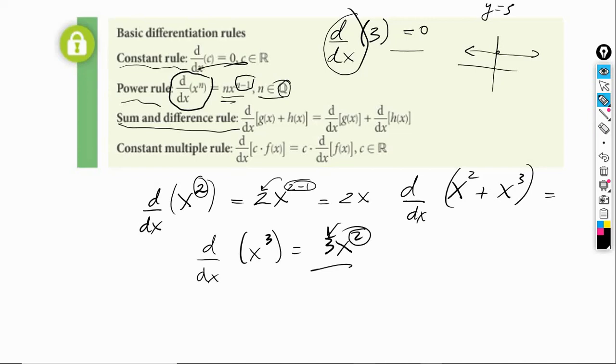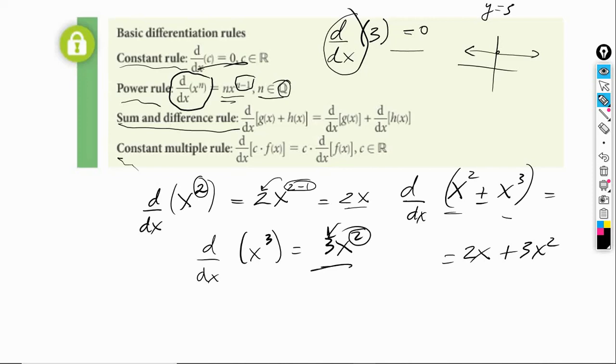What this sum or difference rule, so this could be plus minus, says is that you can differentiate these individually. So basically it's the same as adding what we found before, 2x plus 3x squared. So this would just equal 2x, which is the result of differentiating x squared, plus 3x squared, which is the result of differentiating x cubed.